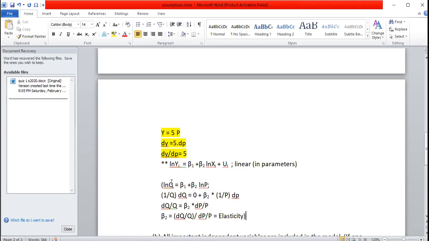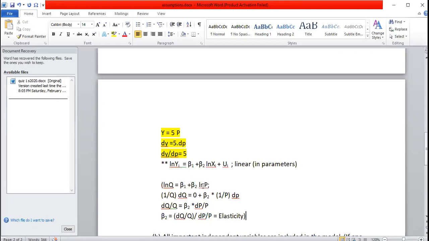P elasticity of q. If you have y there, x there, how do you interpret beta 2? If you have quantity demanded here, price there, what is beta 2?